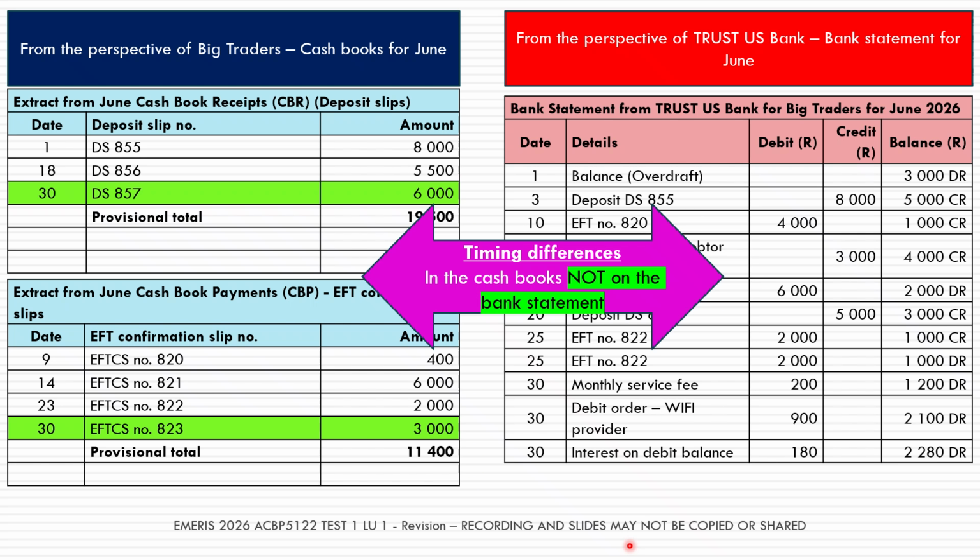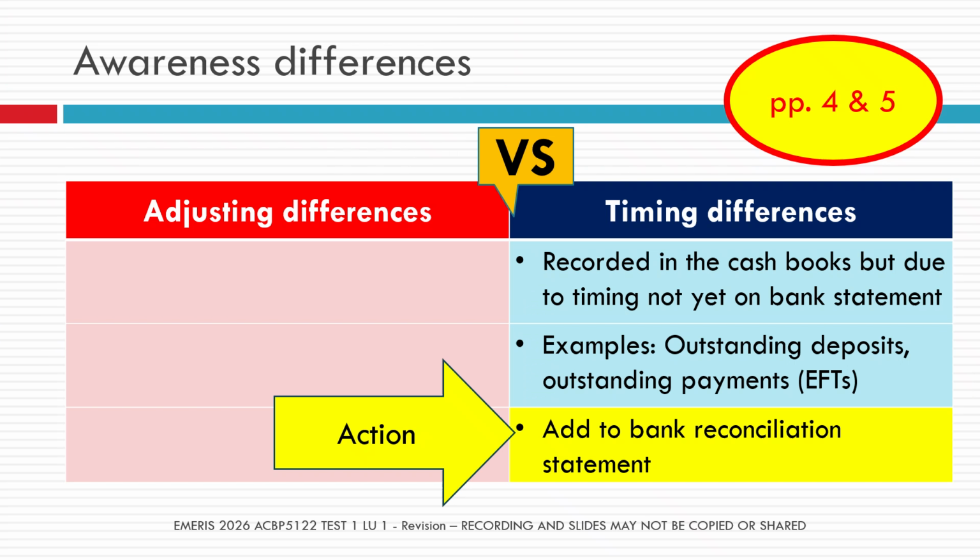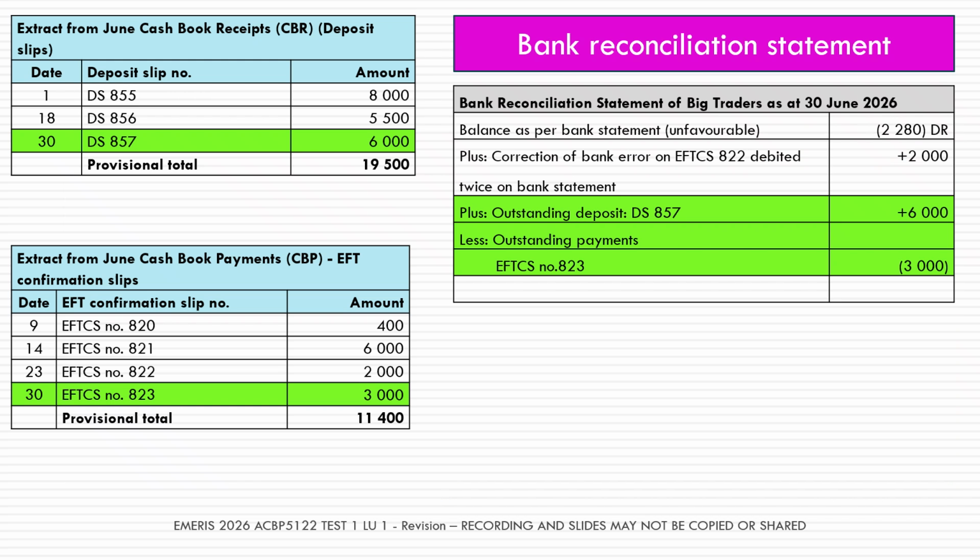So we're talking here about timing differences. As you can see, they are in the cash books, but we were not able to find them on the bank statement. Per our definitions, what will be the action? The action is that we need to include these on the bank reconciliation statement for that month.